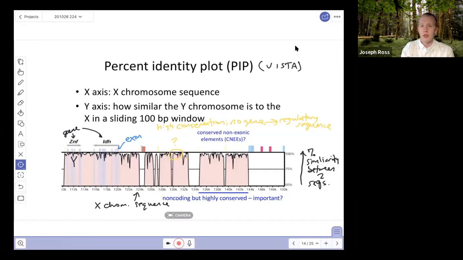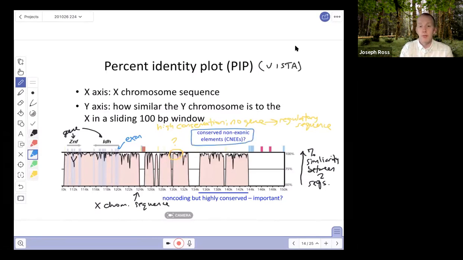So natural selection sort of weeds out individuals that would have mutations in regions that are exons. And we know where those are because geneticists have located the positions of the genes. And so the regions that we don't know about would be regions that are highly conserved that are not in genes. Those might be what these authors refer to as conserved non-exonic elements.